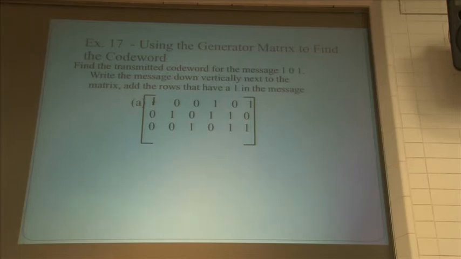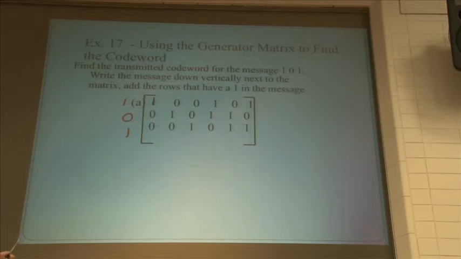Write the message you want to transmit down the side of the matrix. So we want to send 1, 0, 1. Ignore that little A in parentheses. Then we're supposed to, according to the directions, add the rows that have a 1 in the original message.